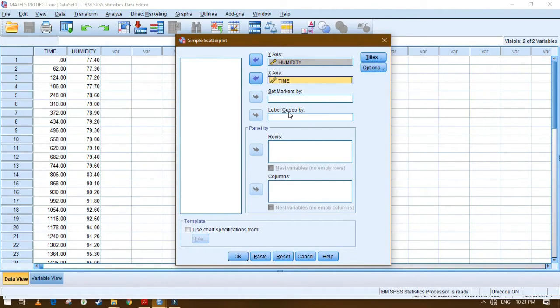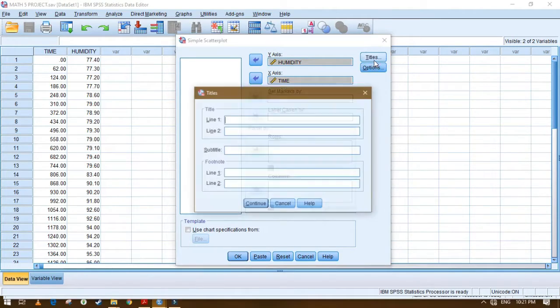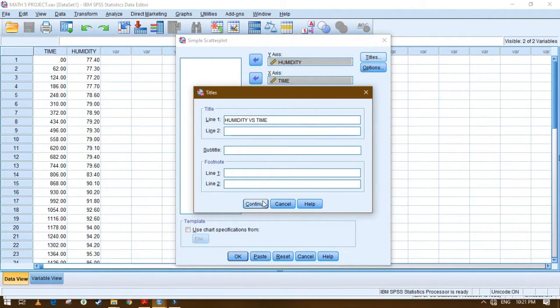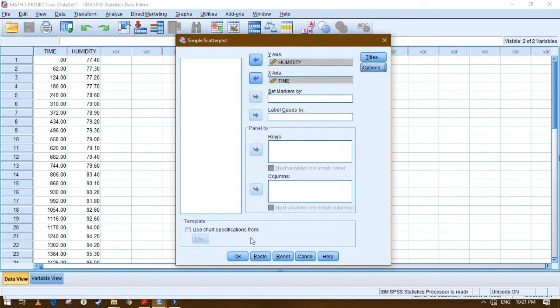Okay, at here you can write the title. Okay, first we show humidity versus time. Okay, and click OK.